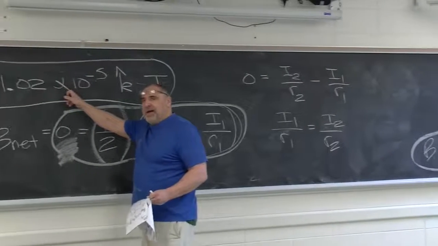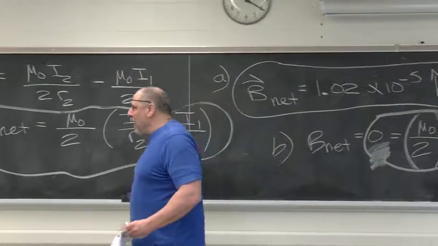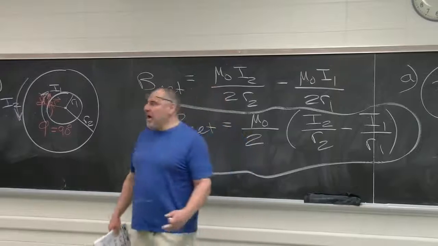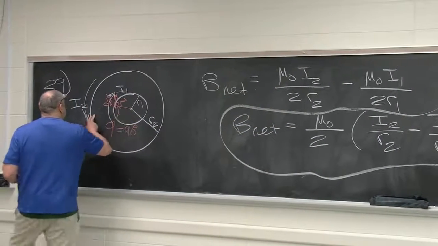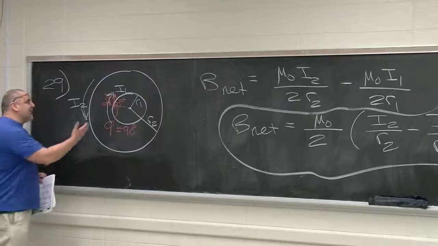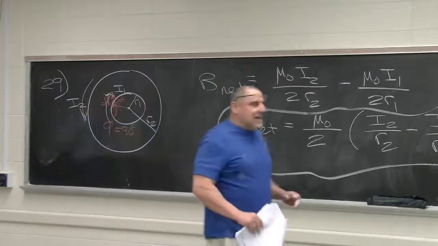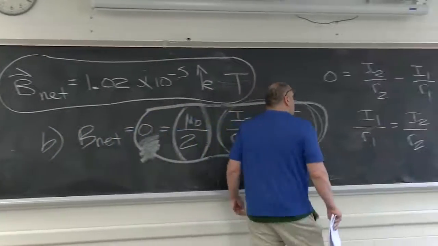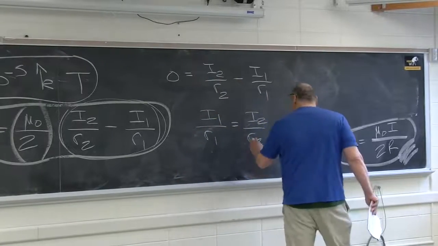What does that tell you? Well, it tells me that I got to somehow back that guy up. If the small one's at 10 centimeters and this guy's at 16 centimeters, my gut's telling me that thing's got to be expanded in some sense. It can't be as strong a B field. If that's going to happen, R2's got to be smaller. Tell you what, let me solve for R2.